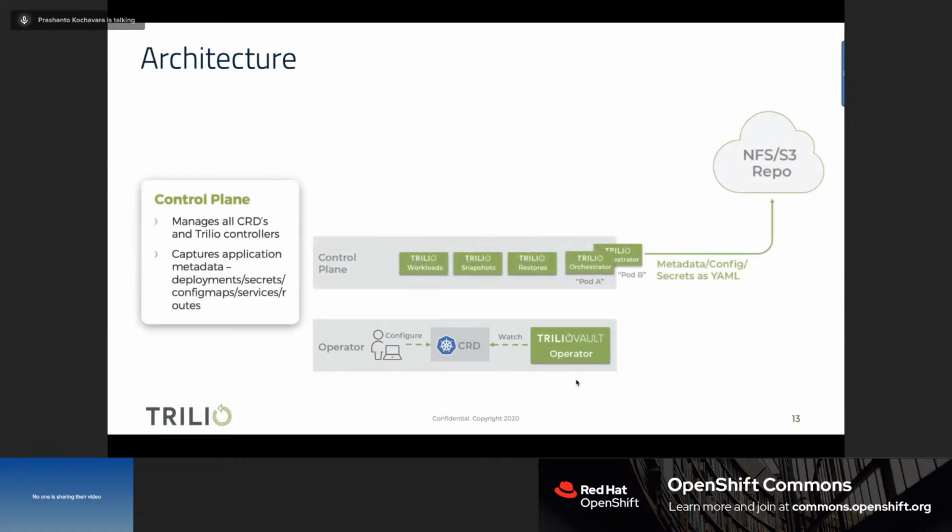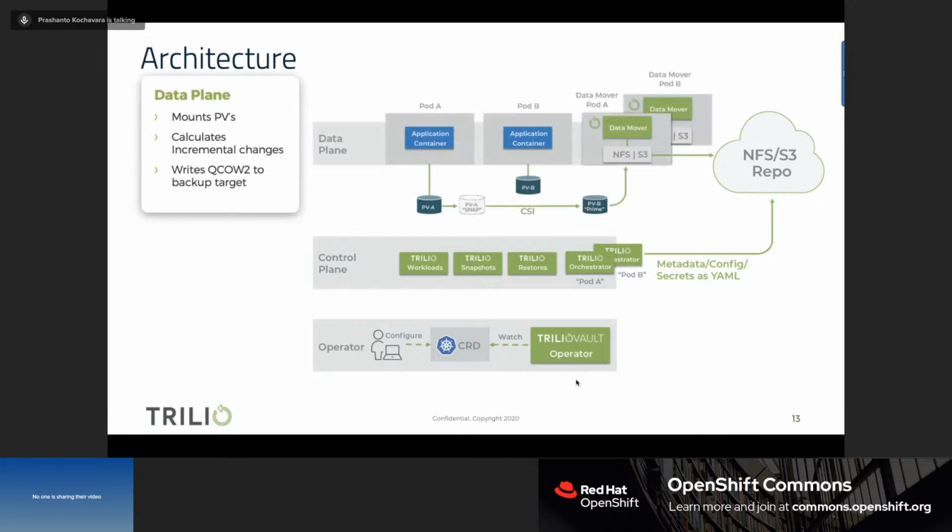Within the next layer, which is the control plane layer, we have the controllers for all our custom resource definitions, which monitor the custom resource definitions. If there are any changes to them, they apply those changes within the Kube API server. The control plane helps to capture the metadata from the application, and it transfers that metadata into the target location, which could be an NFS or an S3 repository, as I had mentioned.